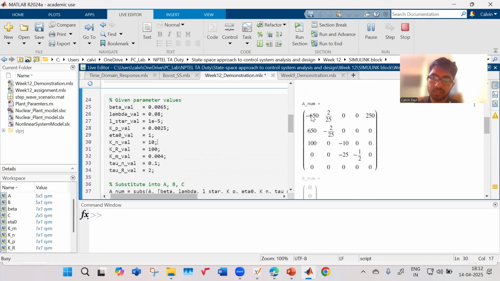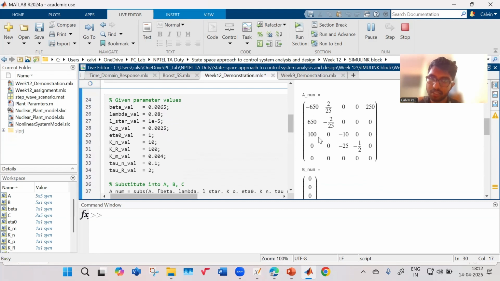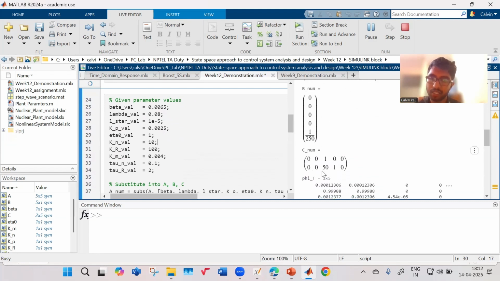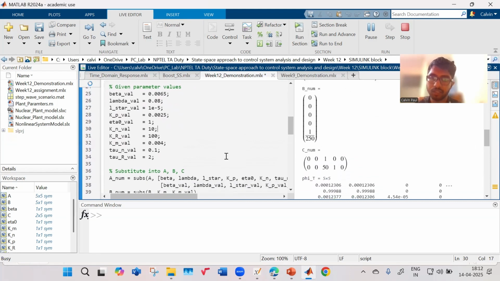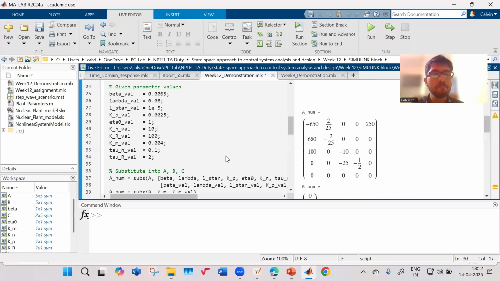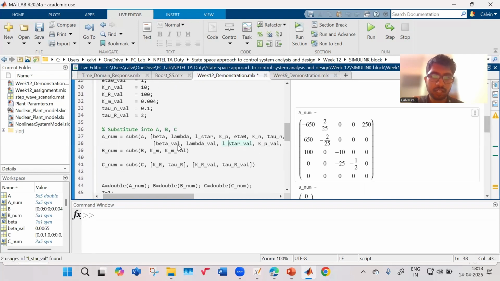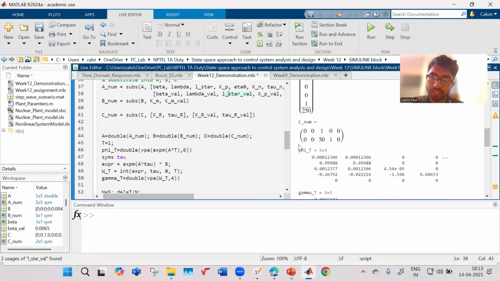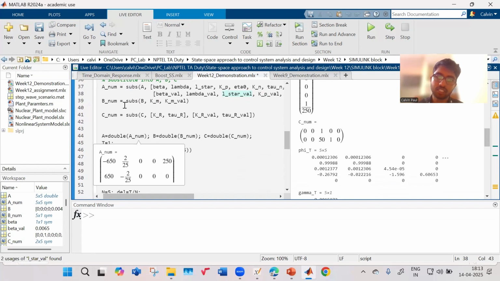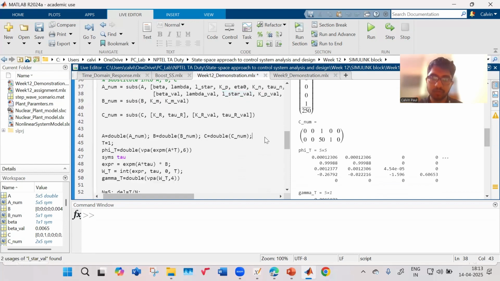We will run it and get the overall A matrix, B matrix, and C matrix. After we get that, we have A num, B num, C num, the numeric values. They are still symbolic, so we convert them into double.